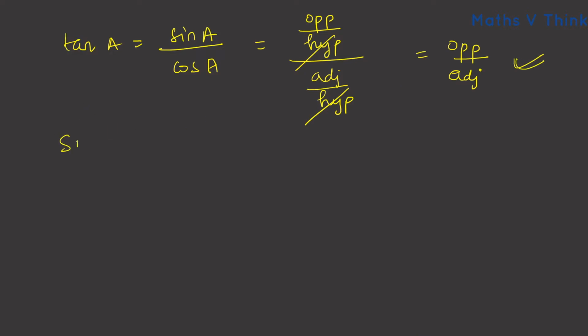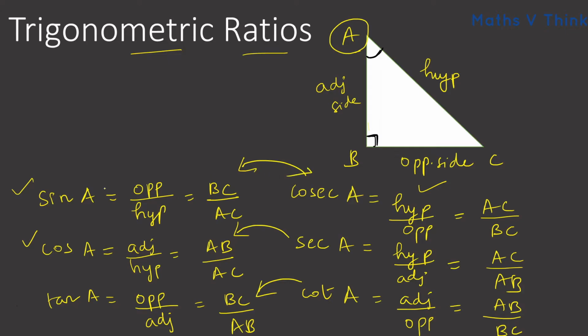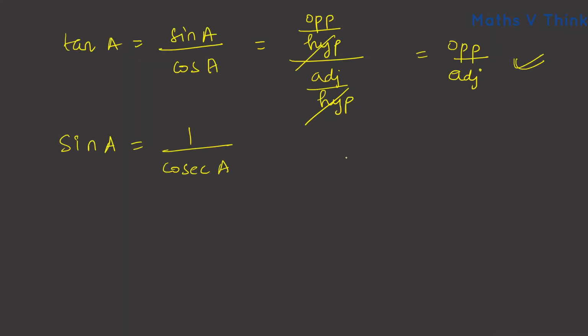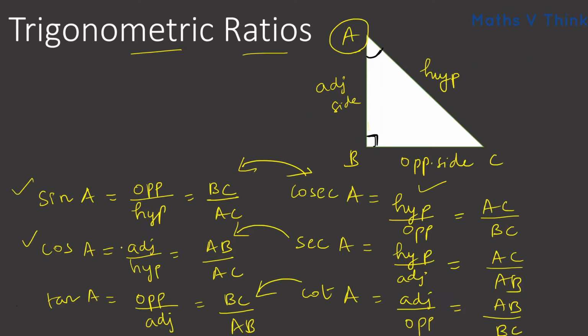Same way, we got to know that sin A is 1 by cosec A. Means sin A and cosec A are opposites. Same way, cosec A is 1 by sin A. And next one, we got to know cos A and secant A are opposites.